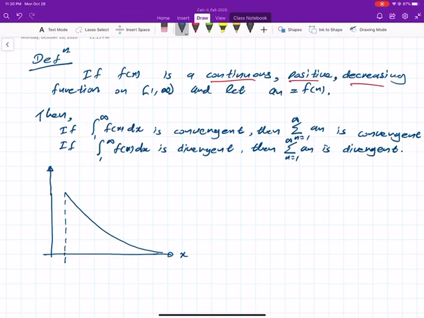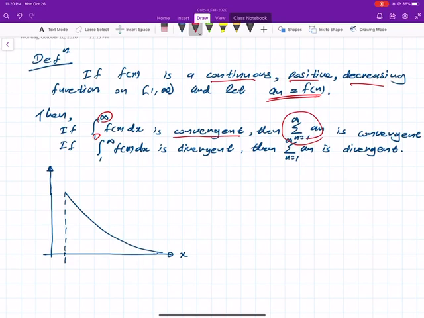Then what is given here is if the integration of this function from 1 to infinity is convergent, then this series is convergent. Actually, this series is given by an equals f of n. All right.